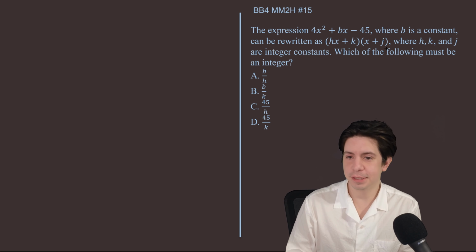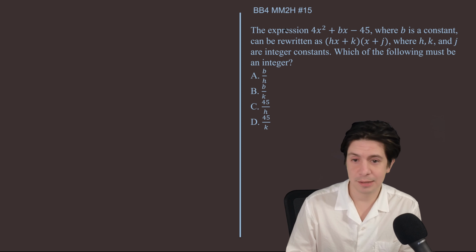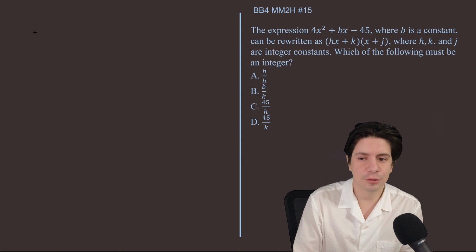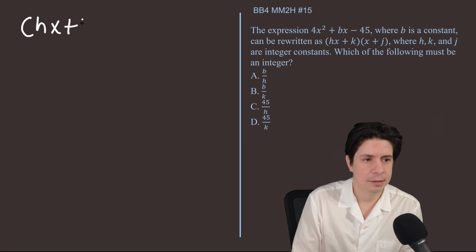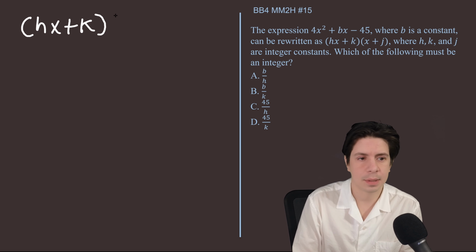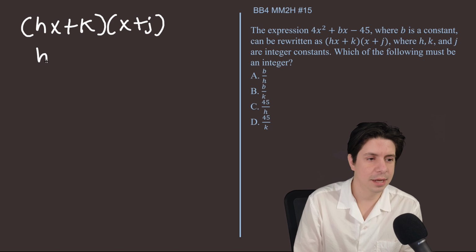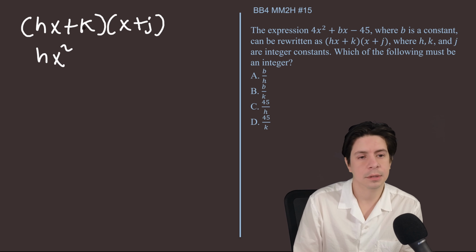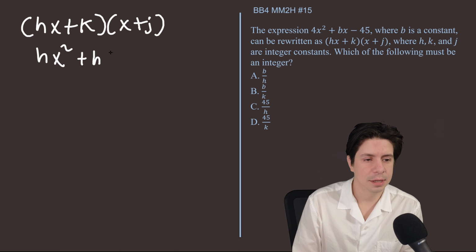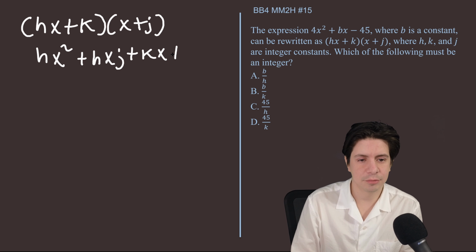So I'm going to FOIL this and see how that connects to this, and then we'll go from there. On these, you sort of have to feel your way out. So feel your way through them. (hx plus k)(x plus j). So hx times x will be hx squared. hx times j will be hxj. k times x will be kx. k times j will be kj.